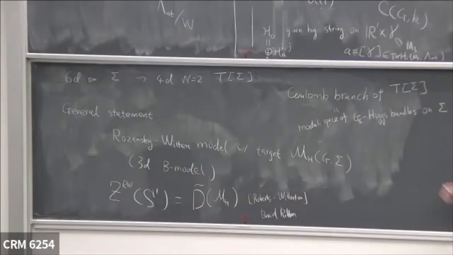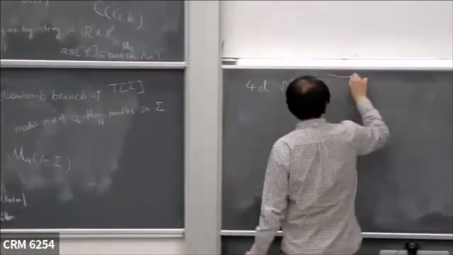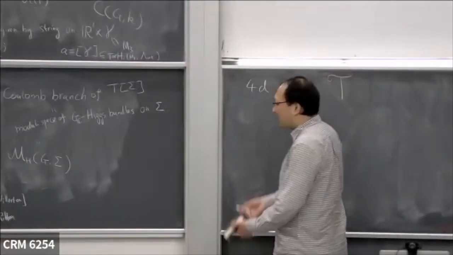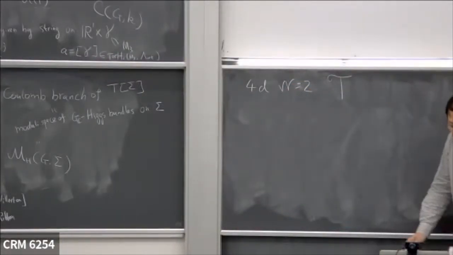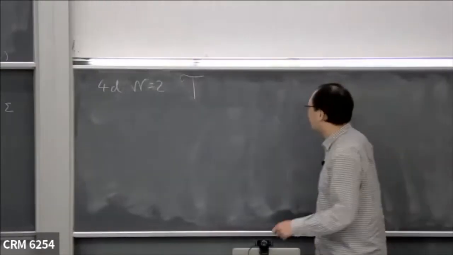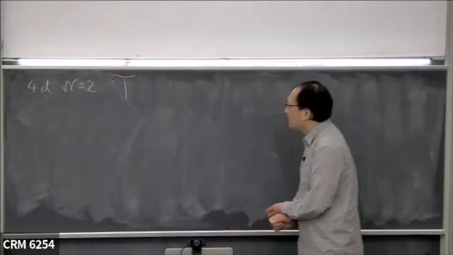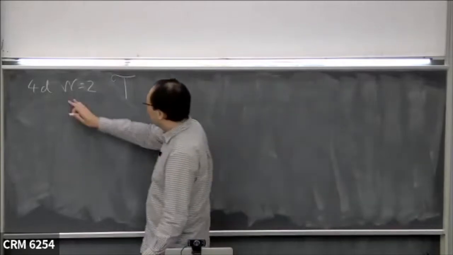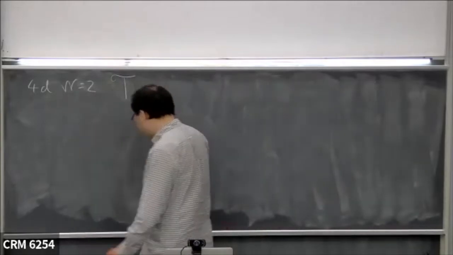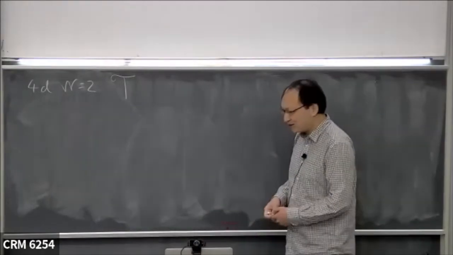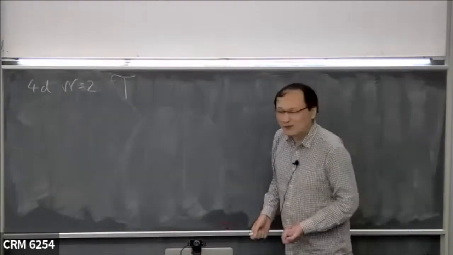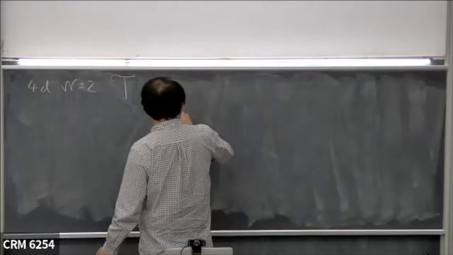So if we take a general 4D N equals 2 theory T, not necessarily labeled by sigma, what's the meaning of N equals 2? That means that the supersymmetry is not minimal. So what's the minimal thing?